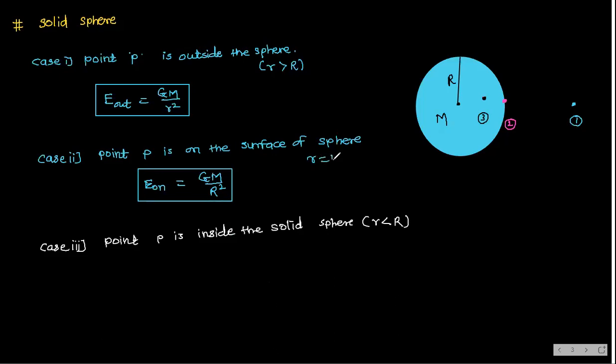Here small r is equal to capital R. Right? And you see now what we got here, the formula: E inside is equal to G capital M small r by R cube. Okay, G M r by R cube.